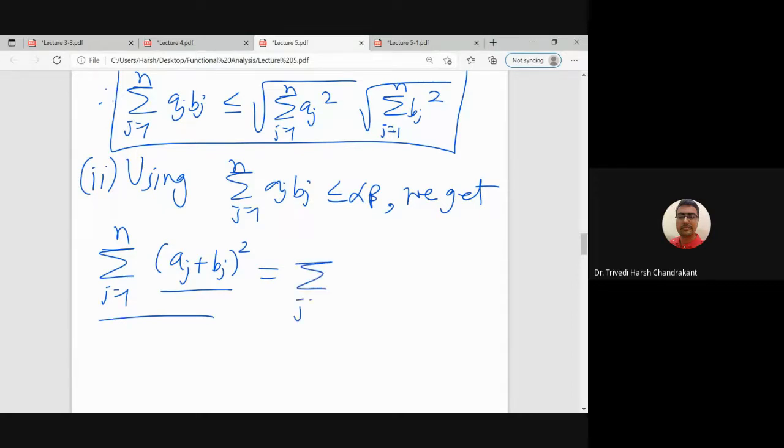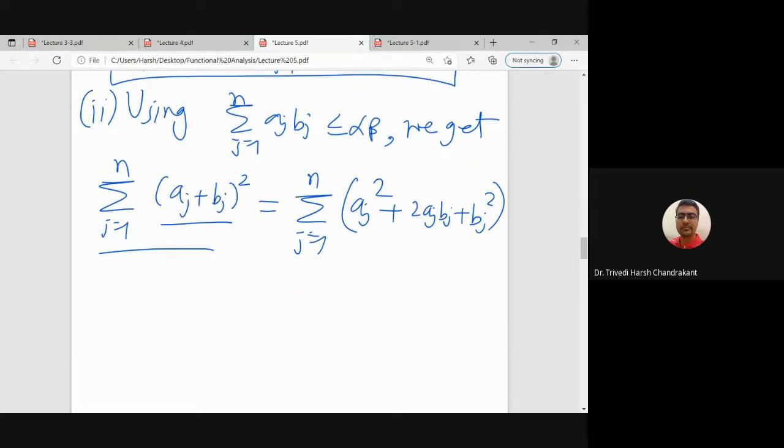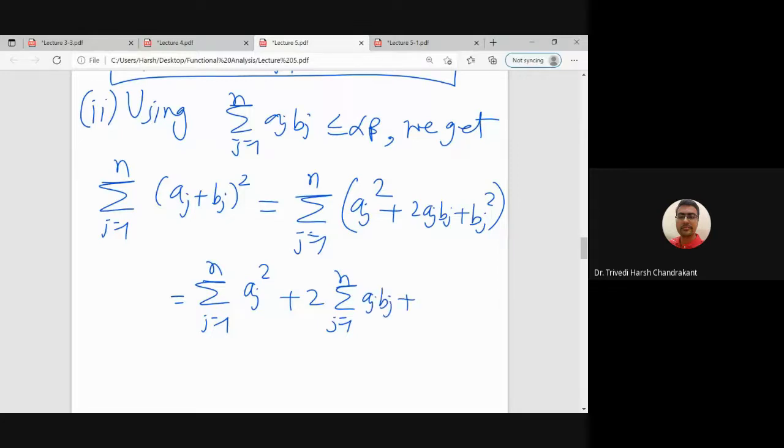So if we use that, we get summation j running from 1 to n of aj square plus 2 aj bj plus bj square, right? Now we separate these terms. Separating, we get summation j from 1 to n aj square plus 2 times summation aj bj plus summation bj square.